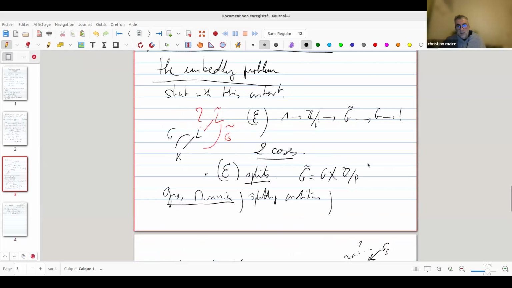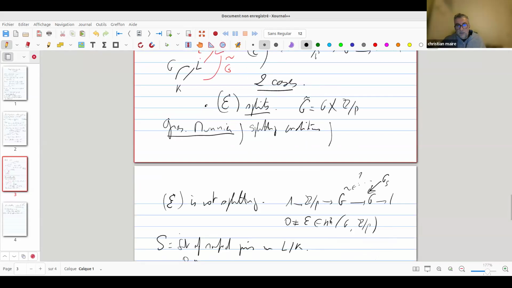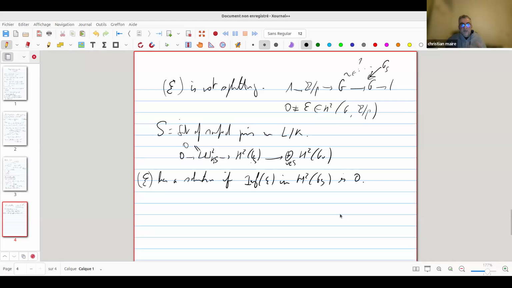We assume that there is no local obstruction to lift the local decomposition group. If there is no local obstruction, we can lift G to G tilde.